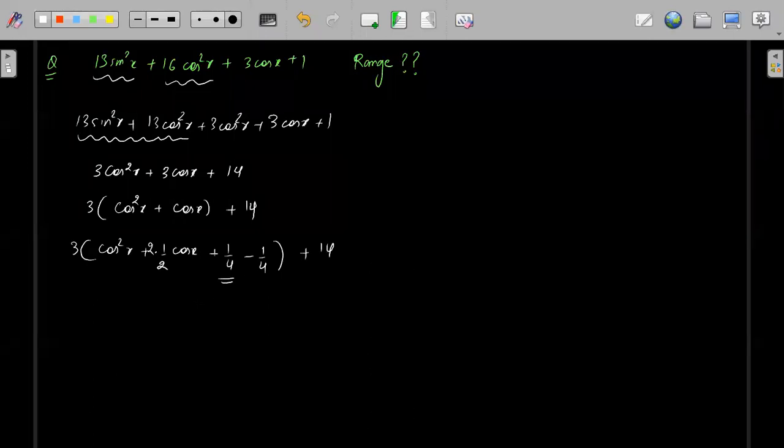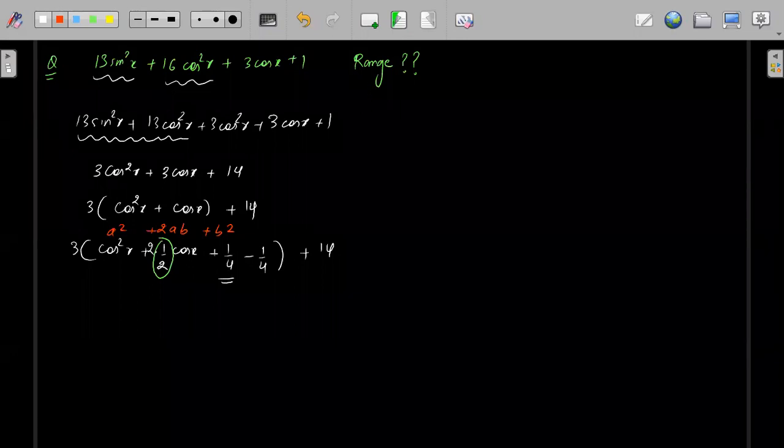Why have I taken 1 by 4? Because there is a 1 by 2 here. If I compare this with a square plus 2ab plus b square, we have a square is this, 2 is this, a is this, b is this, right? So we have b as 1 by 2, so b square also I have to add. If I'm writing plus 1 by 4, I have to subtract 1 by 4 also, right?